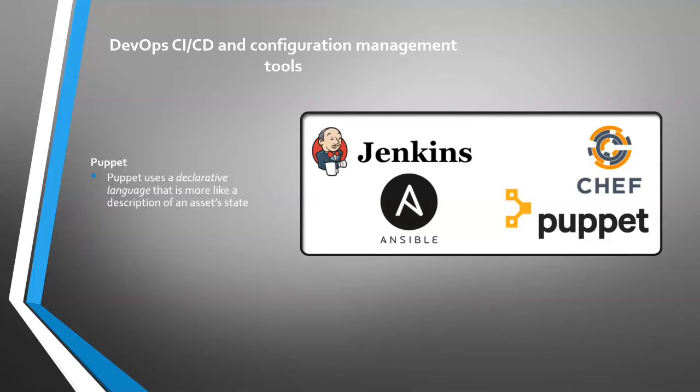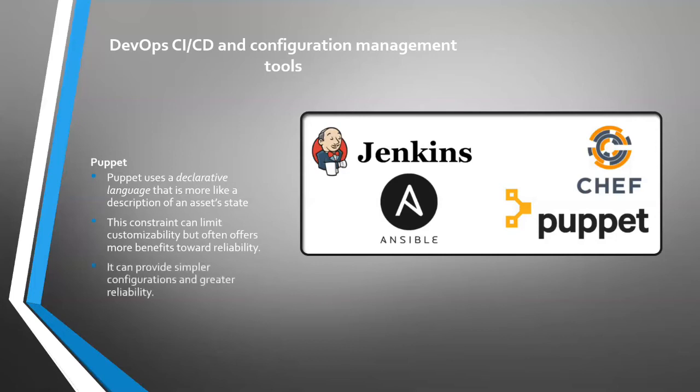Puppet uses a declarative language that is more like a description of an asset's state but doesn't give developers or sysadmins a way to intervene in how they achieve a certain state. This constraint can limit customizability but often offers more benefits towards reliability.